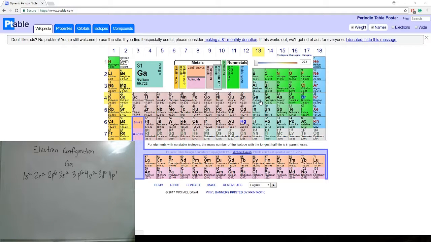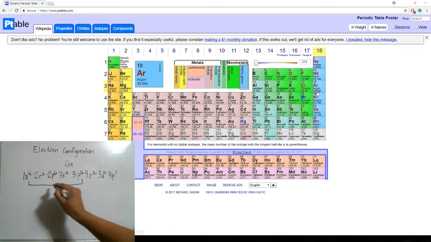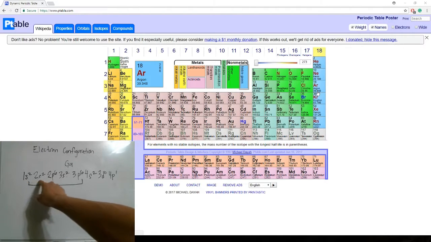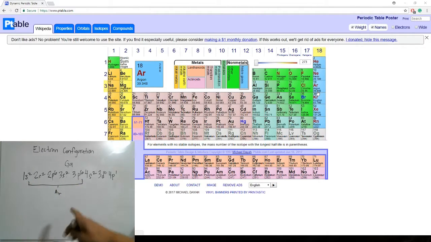Maybe you don't want to write all this. So how can we make it easier for us? We already found out argon, and we know argon is this right here. So what we can do, we can substitute all these S and P's for just argon.